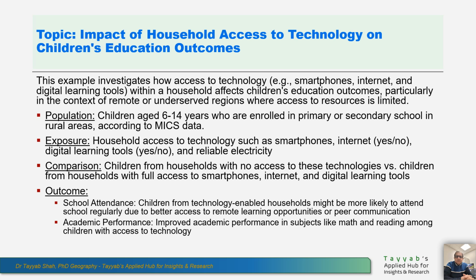Academic performance is another way to see it, such as improved academic performance in subjects like maths and reading among children with access to technology. Now in these two examples, you can see how you can fit the data into your situation, and the framework will help you clarify the research questions and research design for this paper as well.